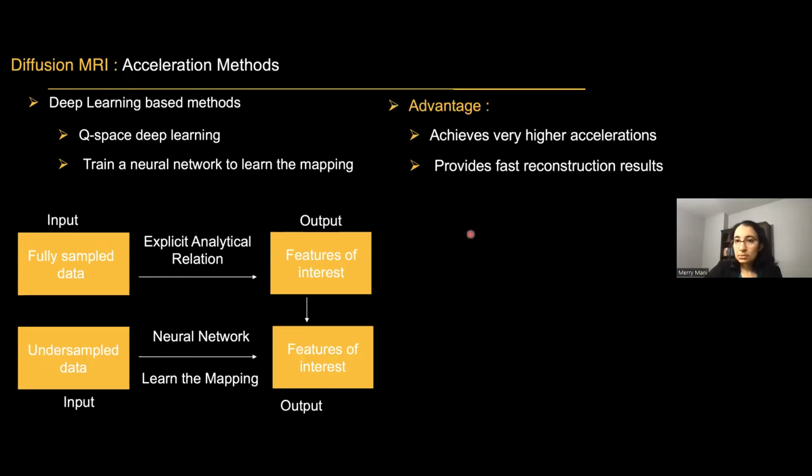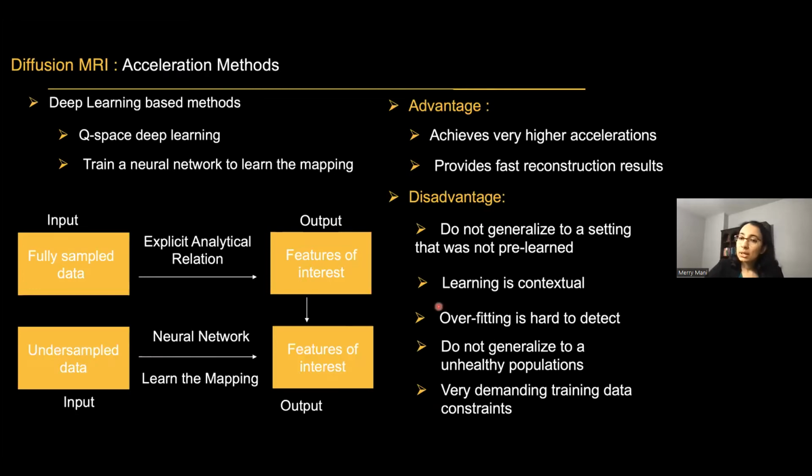So the advantages with these methods is that they can provide very high acceleration, and also another big advantage is the fast reconstruction that these methods enable. But as the field has matured, we know that this method also has several disadvantages. The main disadvantage being that these deep learning methods do not generalize to all the settings where the learning was not performed originally.